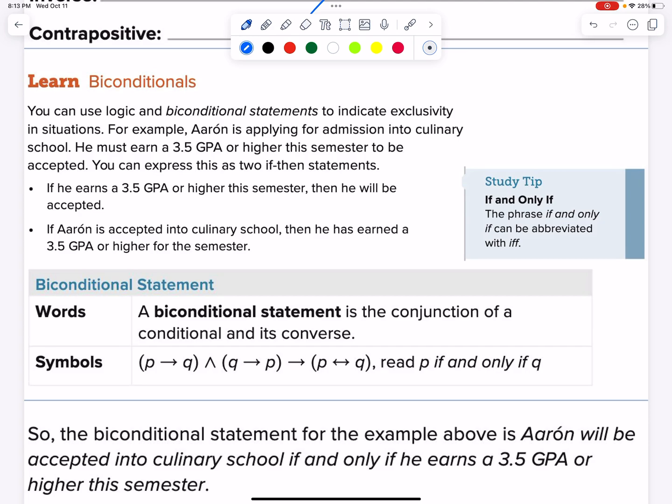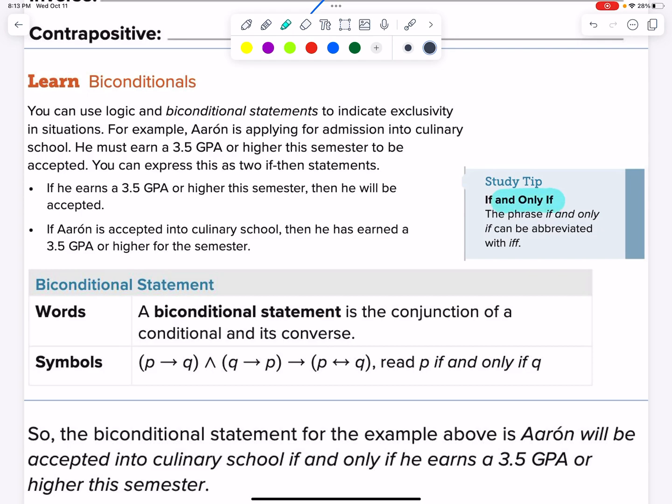So the last term that we're going to talk about today is a biconditional statement. What happens is if you have the truth values of the converse, inverse, and contrapositive, along with the original conditional statement, and all of them are true, then you can write what's called a biconditional statement, and you can put the phrase if and only if in the middle.